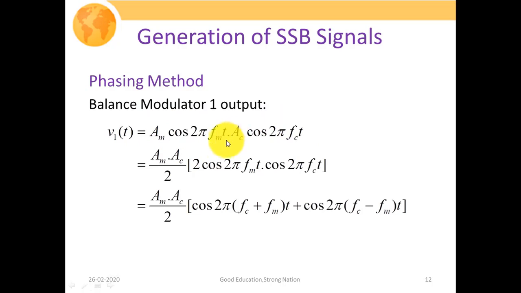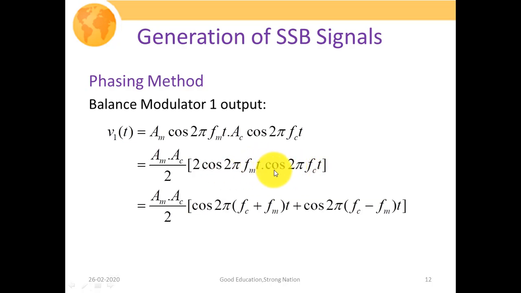We just apply the 2 cos A cos B formula on this equation. So we are left with Ac times Am upon 2, multiplied with 2 cos of 2 pi fm t cos of 2 pi fc t.